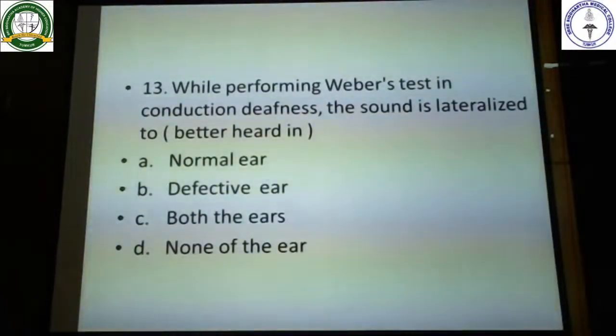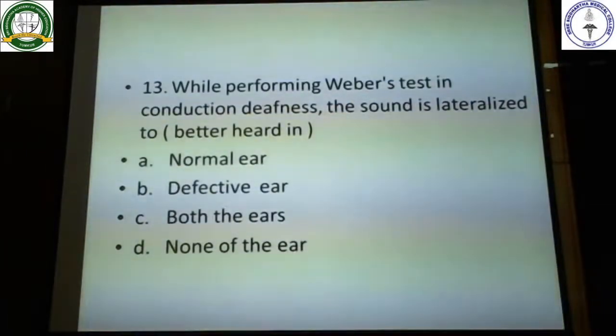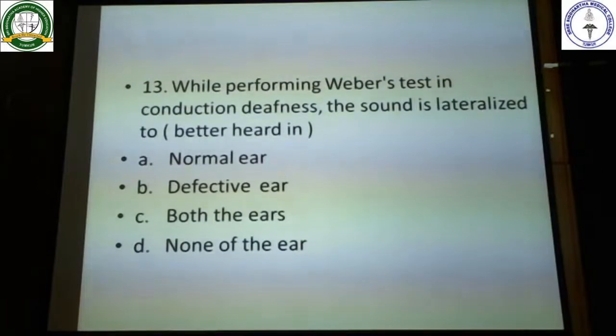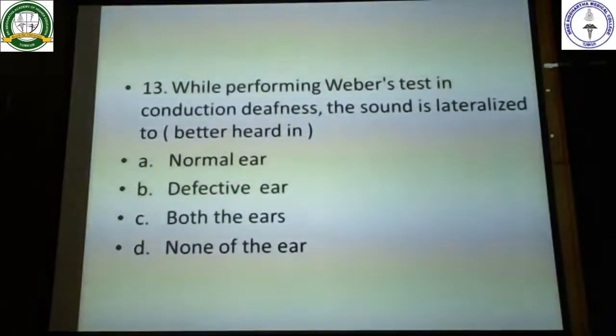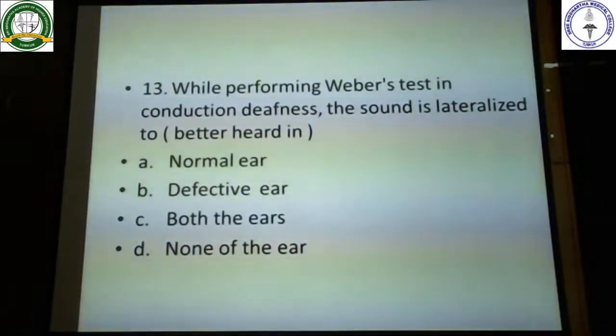I think I've taught you this test of hearing. In Weber's test, you take a tuning fork and hit it against your thenar or hypothenar eminence, and you put it in the midline. Which side is it lateralized?